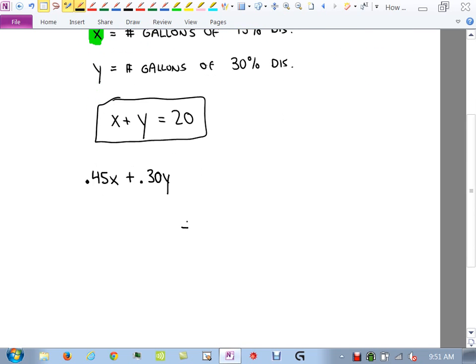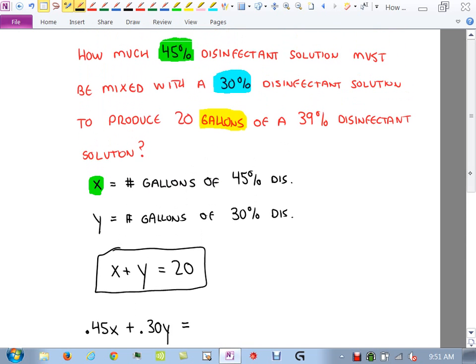Now that must equal, and this is a critical step. Don't miss this little subtlety here. The right side of that equation should be what times what? Good. It's the 20. Don't forget that 20. The 20 times the 0.39.